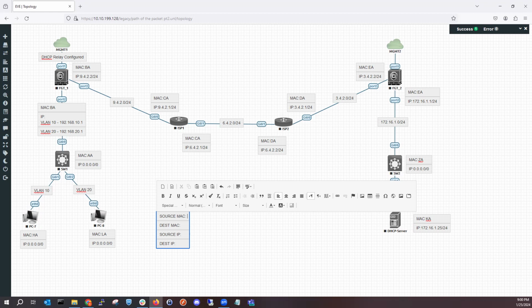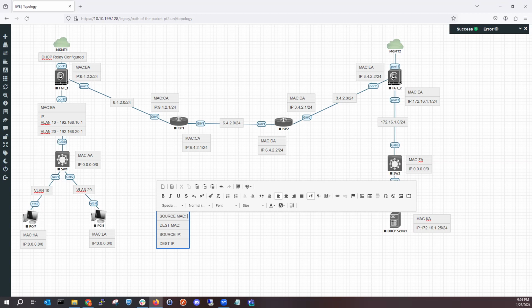We know that from a layer 2 standpoint, but who's going to respond to it? That's what we're worried about. It's going to be FortiGate 1, because it has DHCP relay configured. So I don't care what that frame looks like at the switch level. It's going to forward that unknown unicast broadcast out of all of its ports except for the port that it received the broadcast on.